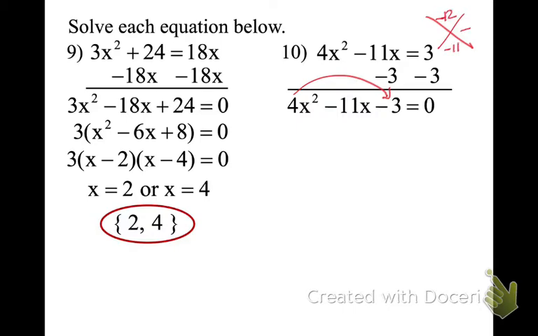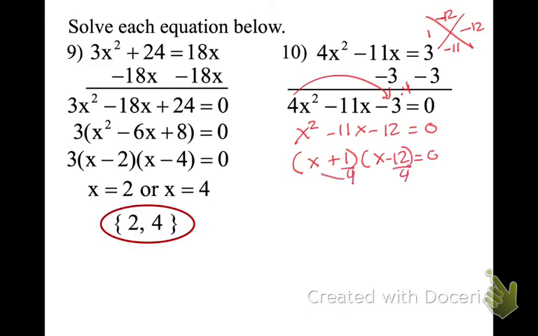So how about negative 12 and 1? So we get x squared minus 11x minus 12 equals 0. We're factoring that to x plus 1 times x minus 12 equals 0. Do not forget to divide out. We multiplied by 4. We have to divide by 4.